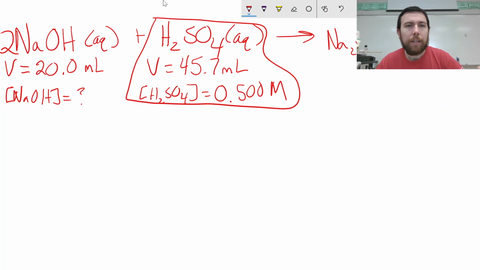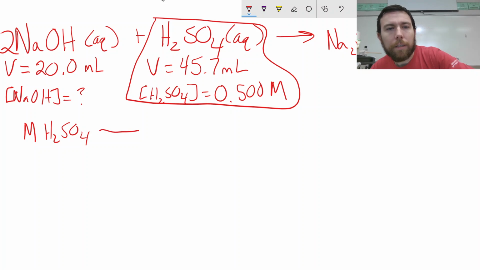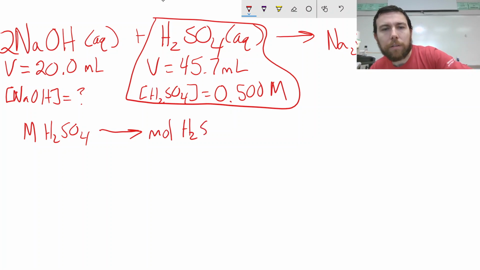We know that ultimately we're going to be starting with the molarity of H2SO4, right? That's where we're starting. Our endpoint is we want to get to the molarity of sodium hydroxide. Well, in order for us to do that, we're going to start with the molarity of the sulfuric acid, and then we're going to go to moles of sulfuric acid.